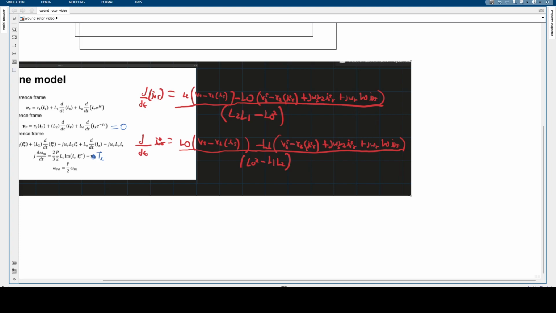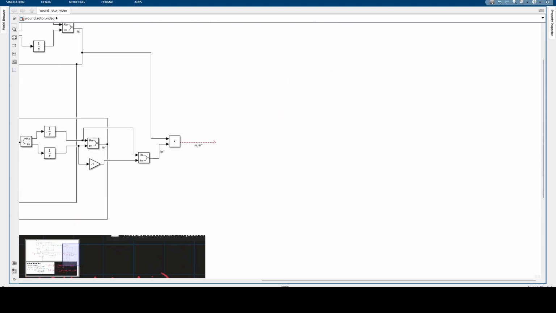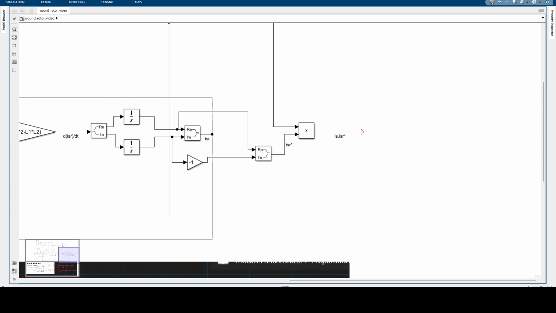So we only care about the imaginary part, so we again use our blocks to get only an imaginary part, and we can use a terminator block for the one that we are not going to use.